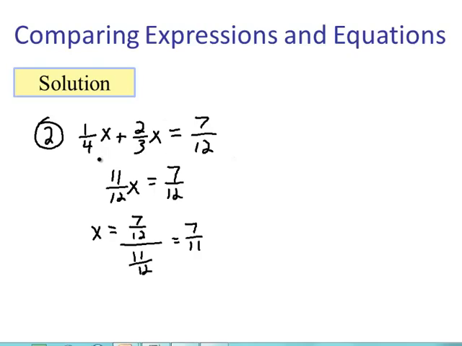But because this is an equation, one trick to solving equations that involve fractions is to multiply everything by the least common multiple. If we do that, we eliminate all the fractions. So that's what I'm going to do here. The least common multiple for 4, 3, and 12 is 12.